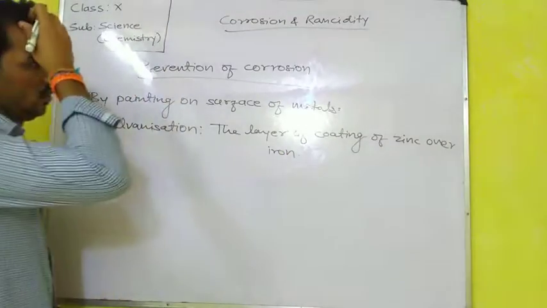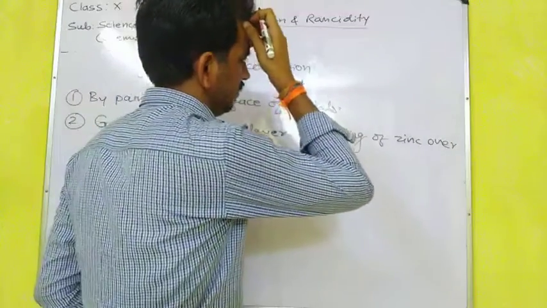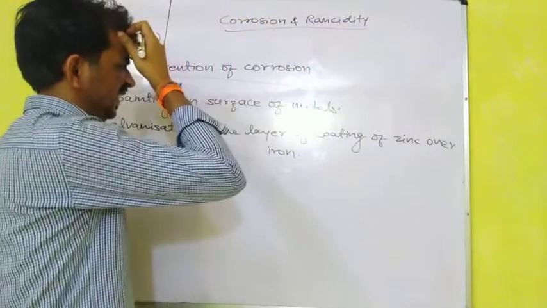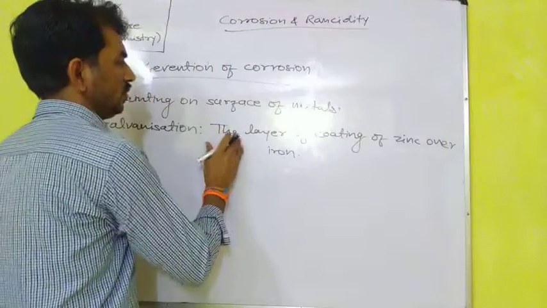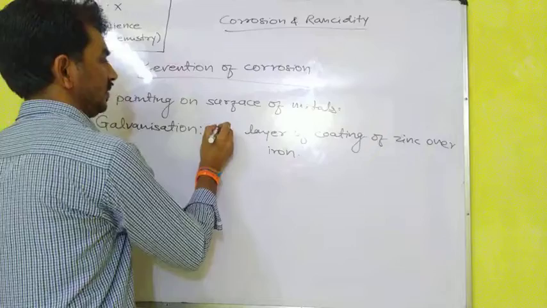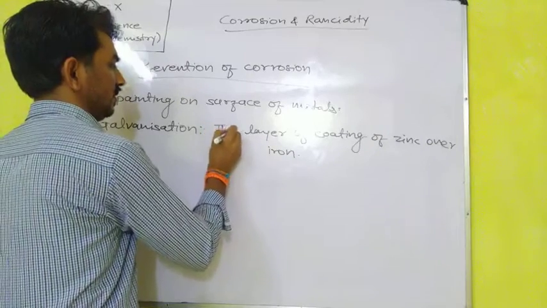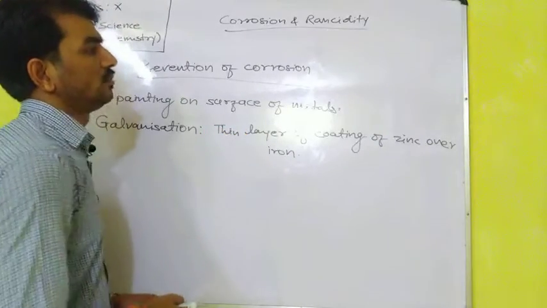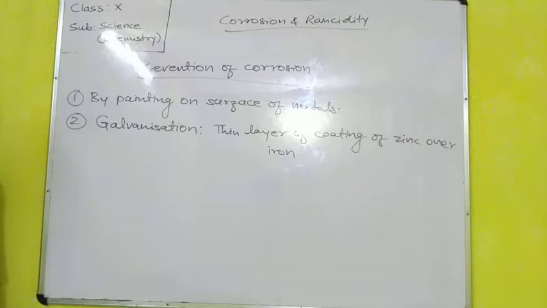Okay, this is the thin layer. A thin layer of coating of zinc over iron metal. Yes, thin layer of zinc, that is known as what?